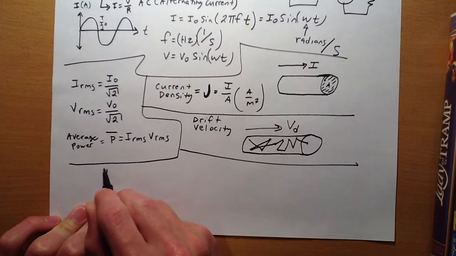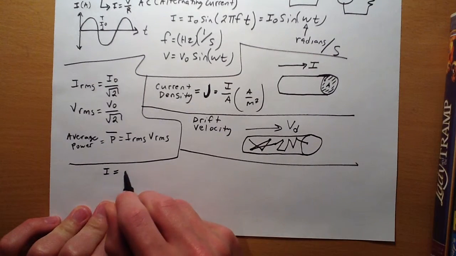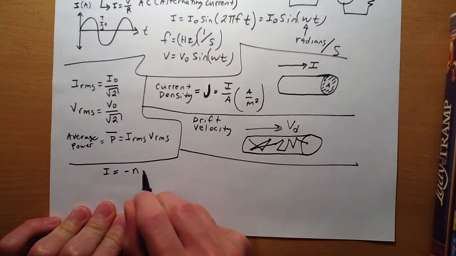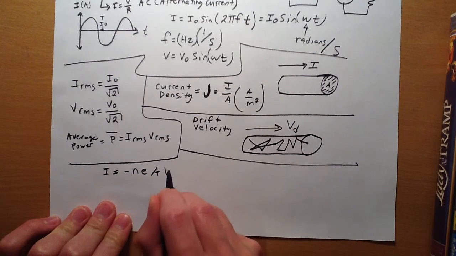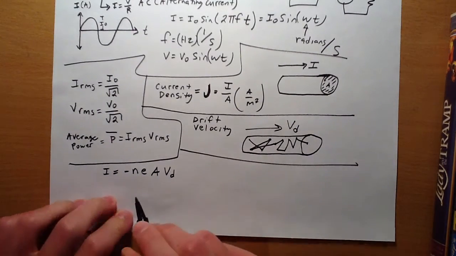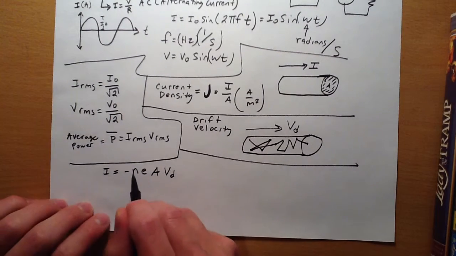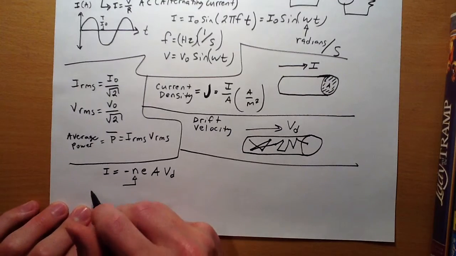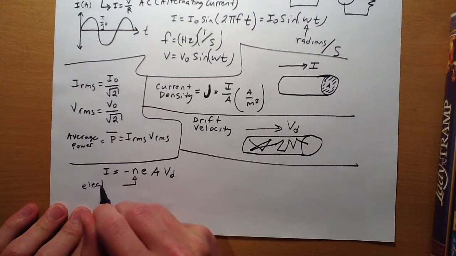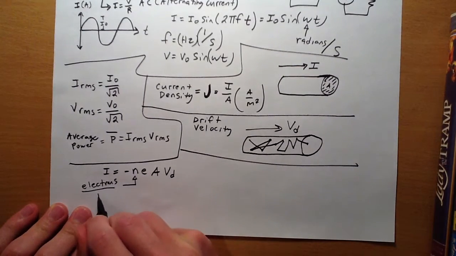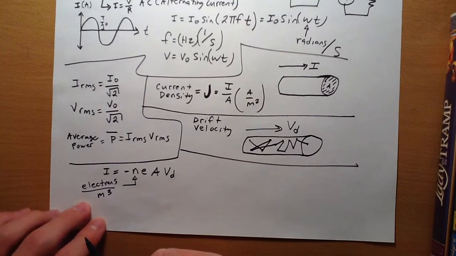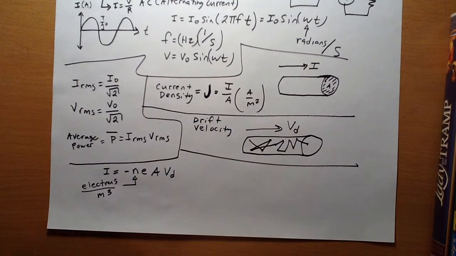Okay, we have current equals negative N E A times drift velocity. I is current. N is equal to the number of electrons per meter cubed in the material. So what are the number of electrons per the volume?